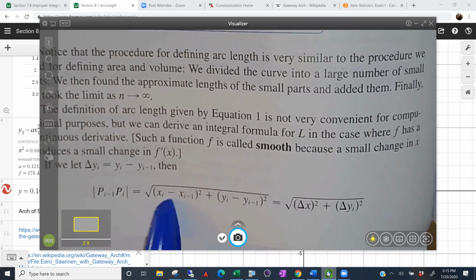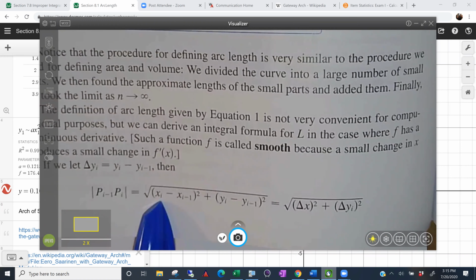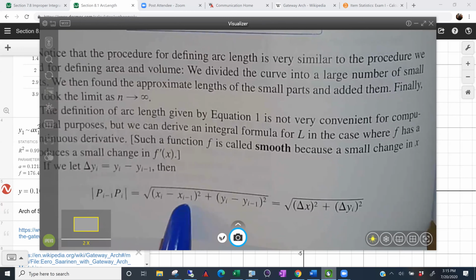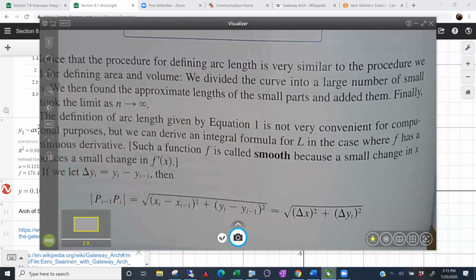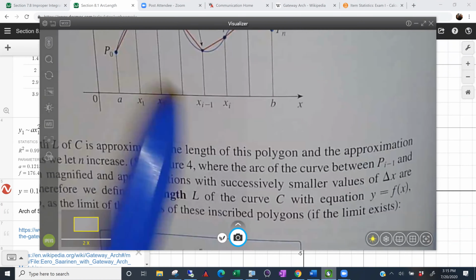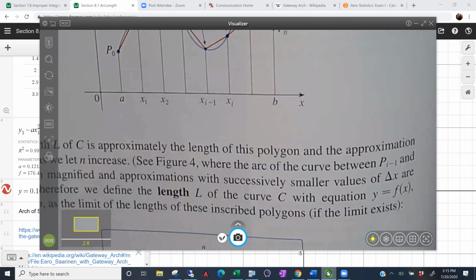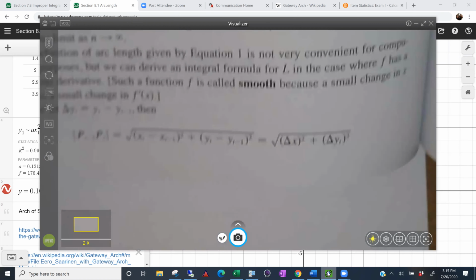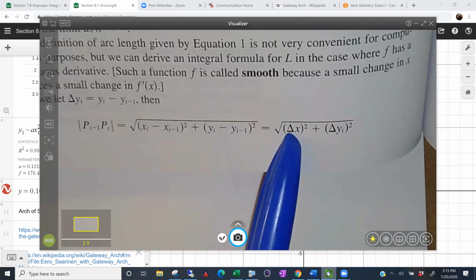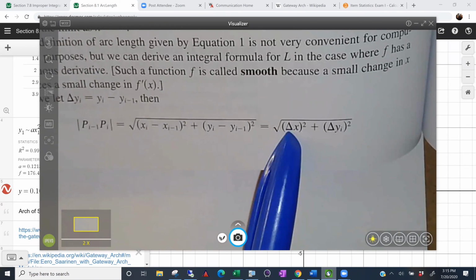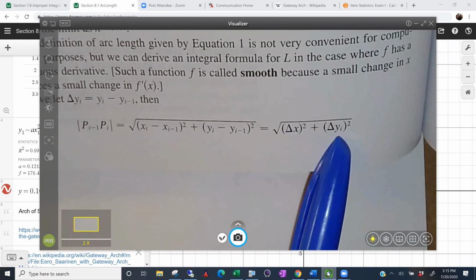This distance here, x sub i minus x sub i minus 1, that's the distance between two adjacent points here in the x direction. You also have to deal with that in the y direction. Now for our convenience, let's call that delta x squared and delta y squared. Okay.